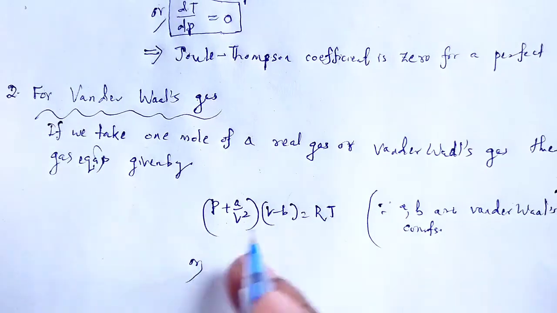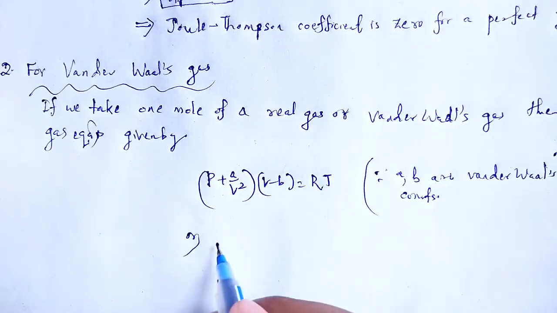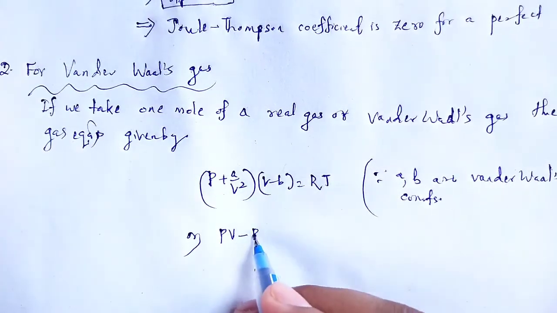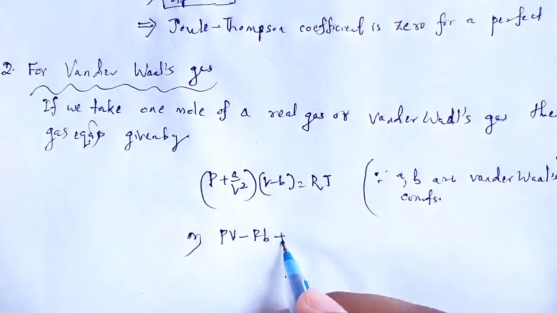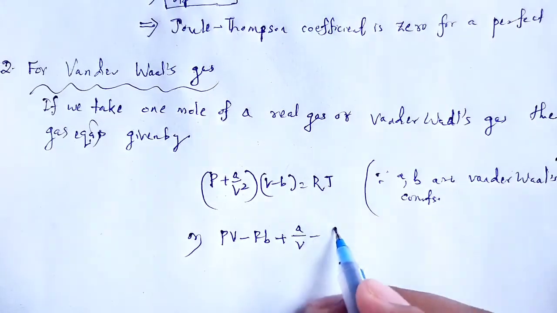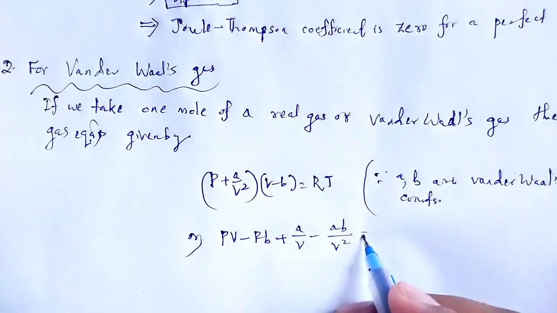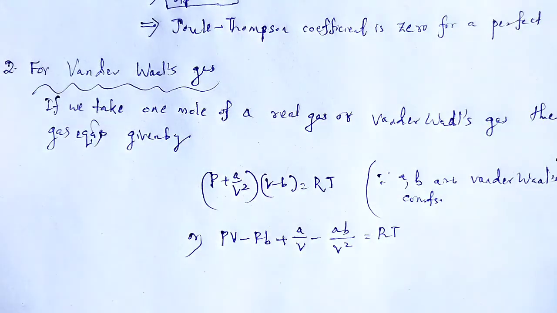We can express that equation as PV minus Pb plus a by V minus ab divided by V square is equal to RT.